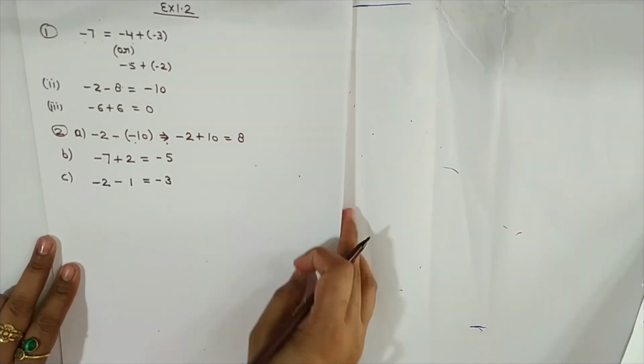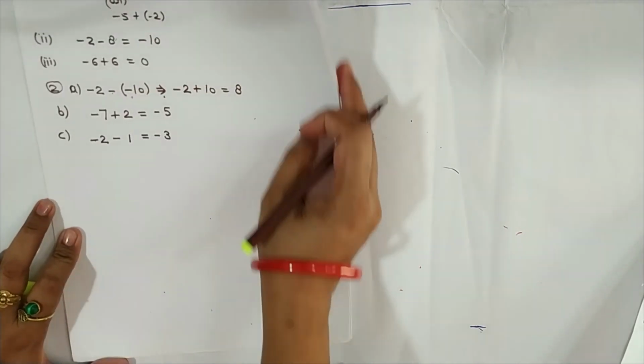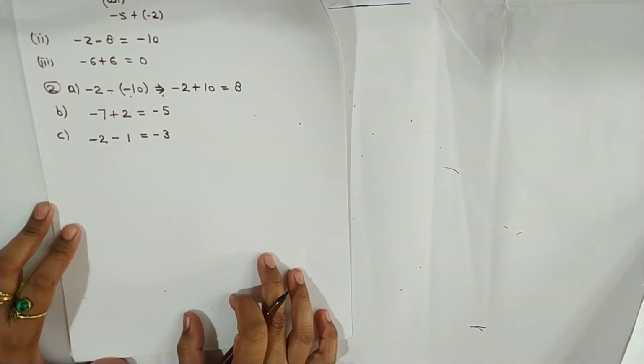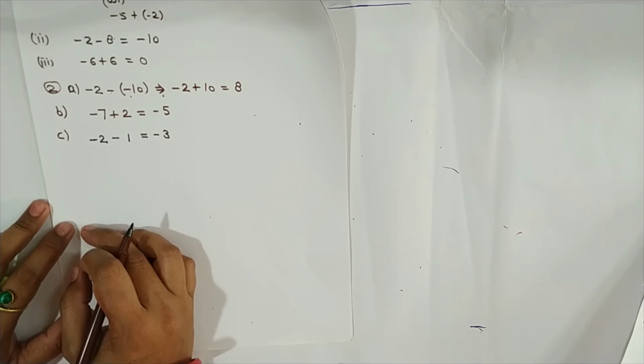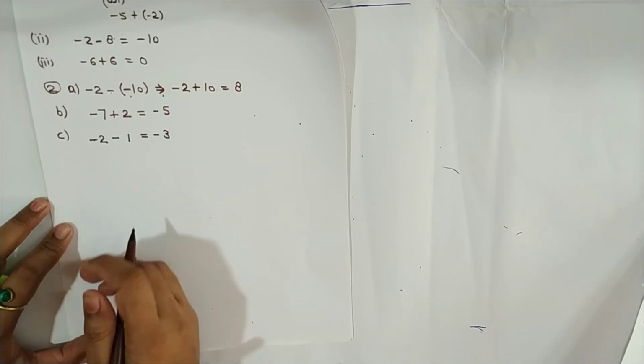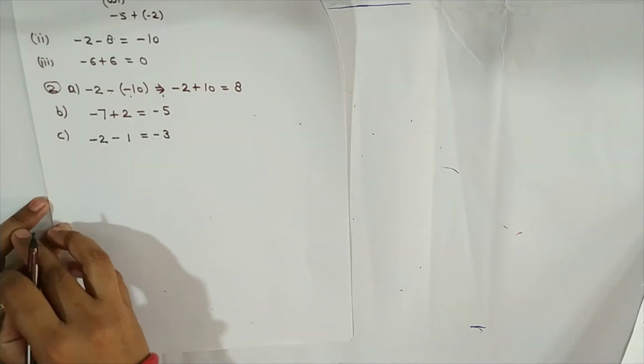Now move on to the next question. In a quiz, team A scored -40, 10 and 0 and team B scored 10, 0 and -40 in 3 successive rounds. Which team scored more? Can we say that we can add integers in any order?